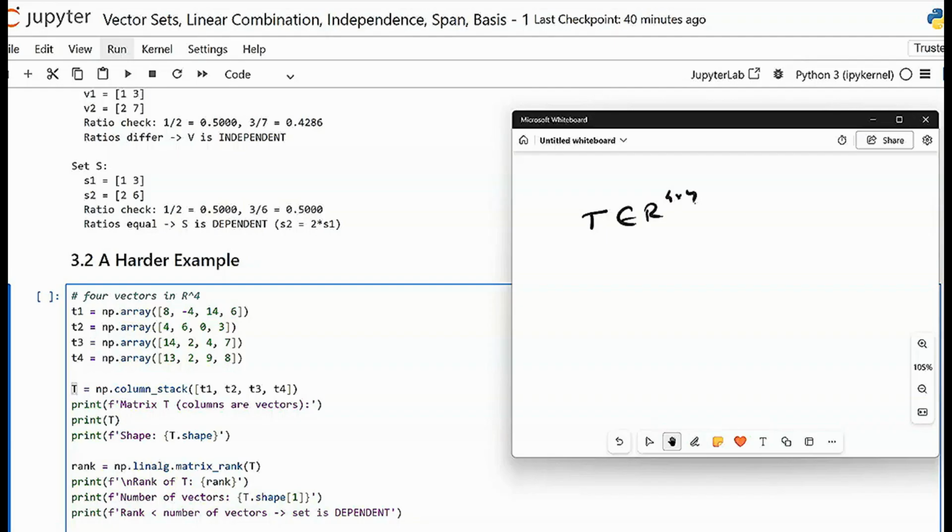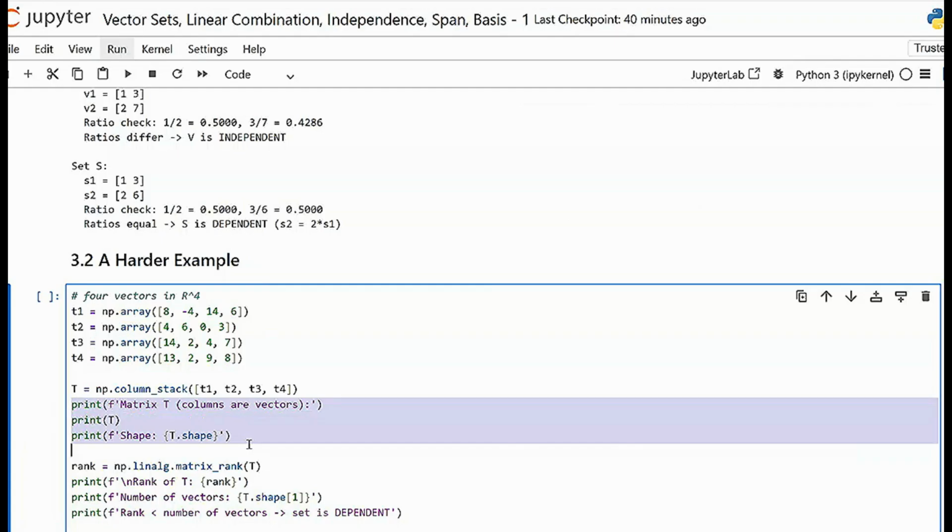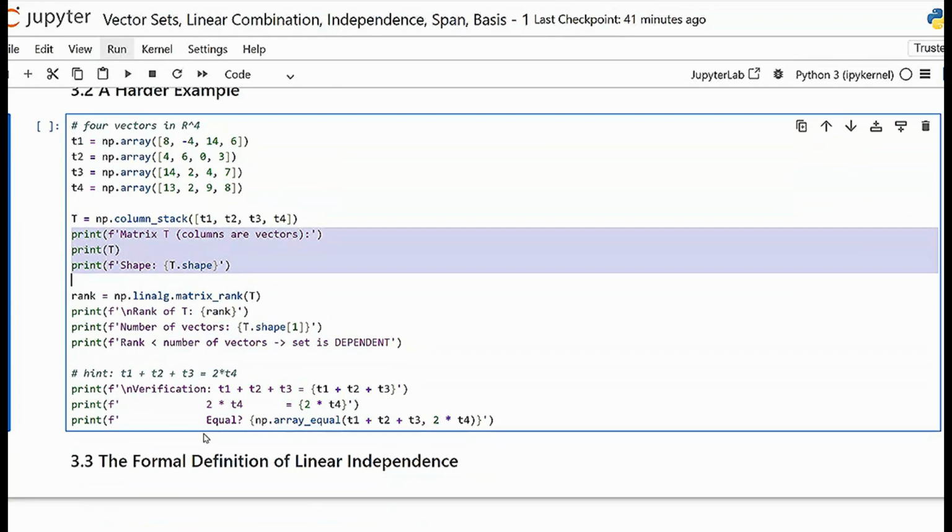This is the standard way to analyze independence computationally. Now let me print the matrix so we can inspect its structure, and here we have the number of rows and number of columns. Of course, both are 4 only. Now let me move on.